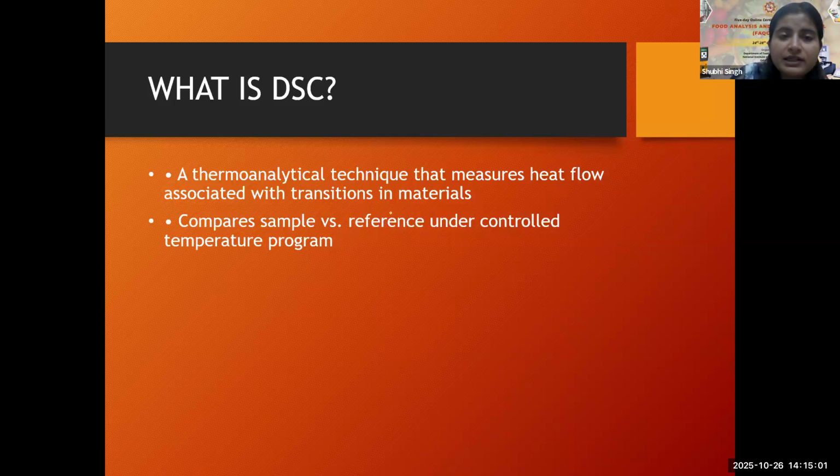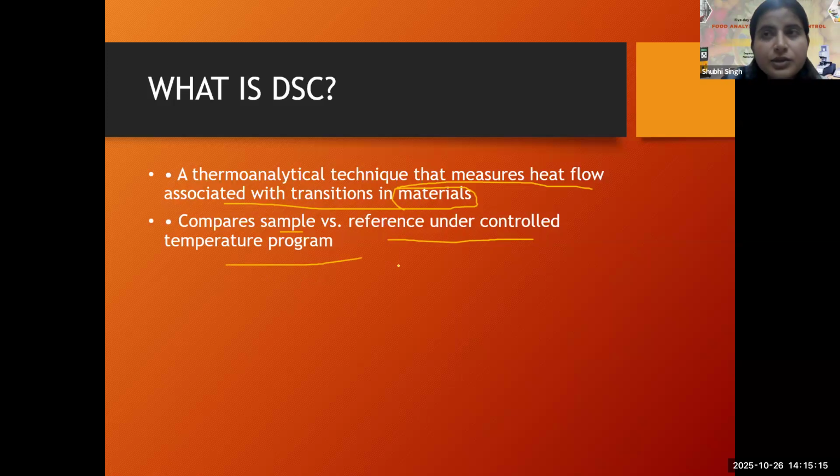So it is a thermoanalytical technique that measures heat flow associated with transitions in materials. Okay. It compares sample versus reference under a controlled temperature program. For reference, we can use water or any other solvent in which we have put our food matrix. Under the controlled temperature program, we have to set a temperature range.